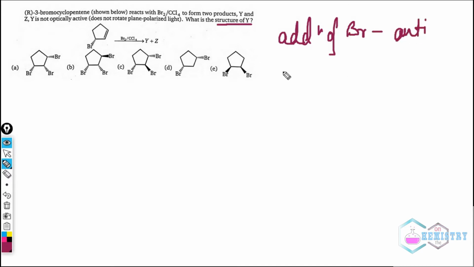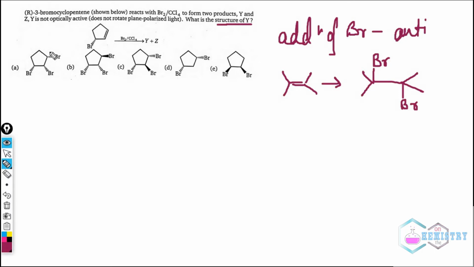So if there is this type of double bond and bromine gets added, one bromine will get added from this position and another bromine will add from the opposite position, and vice versa. So in this case, both the atoms will be added from the anti position.